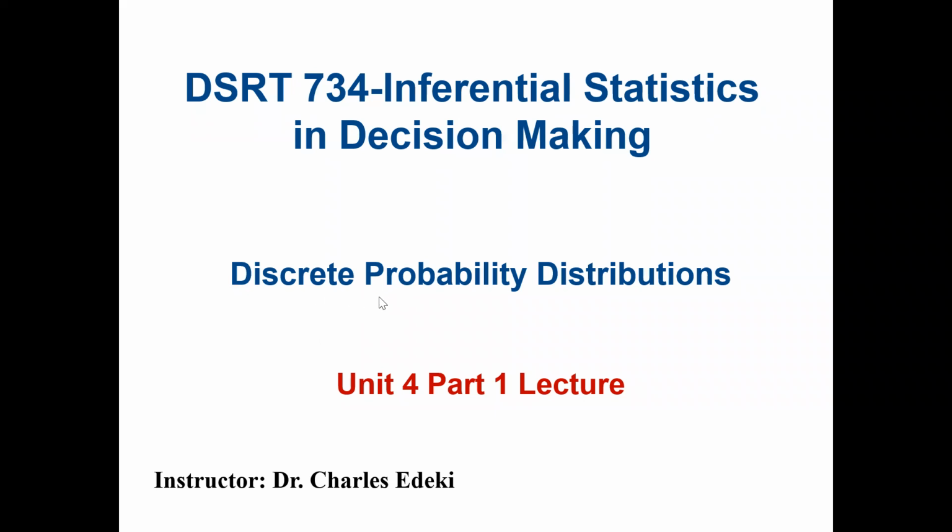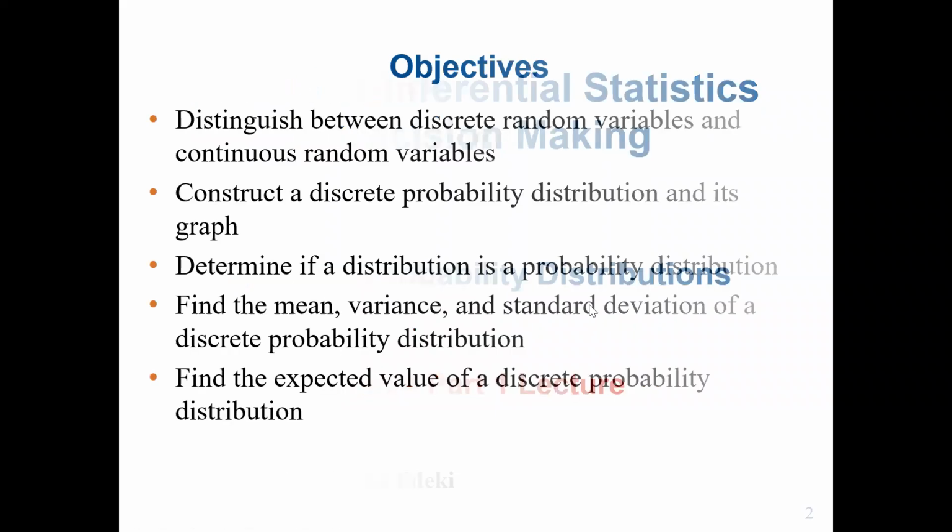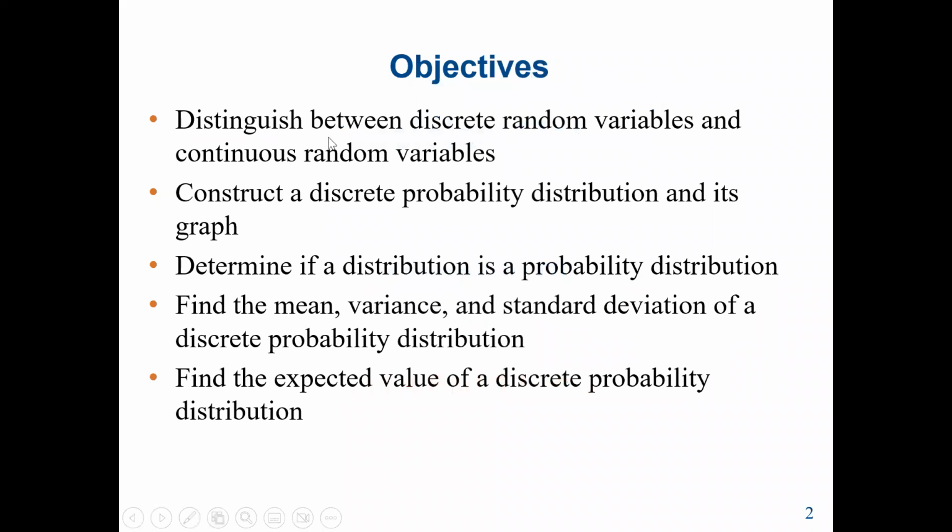These lectures cover discrete probability distributions. Our main objective is to explain the difference between discrete random variables and continuous random variables. We're also going to construct a discrete probability distribution and its graph. Also, we are going to determine if a distribution is a probability distribution.